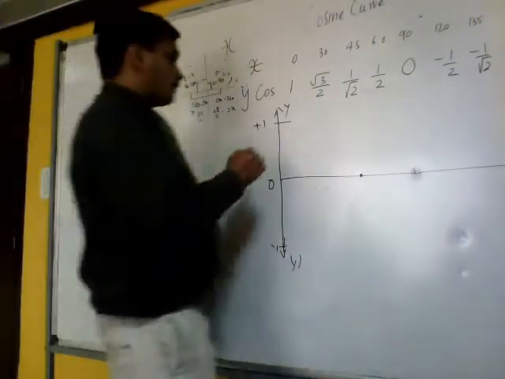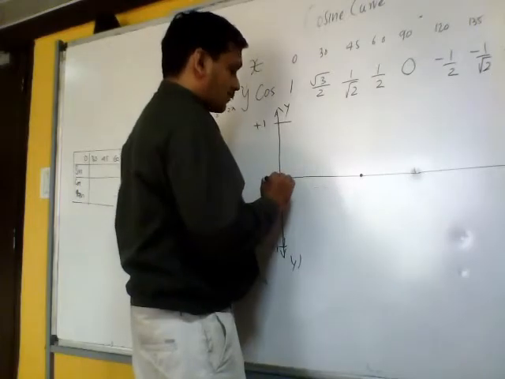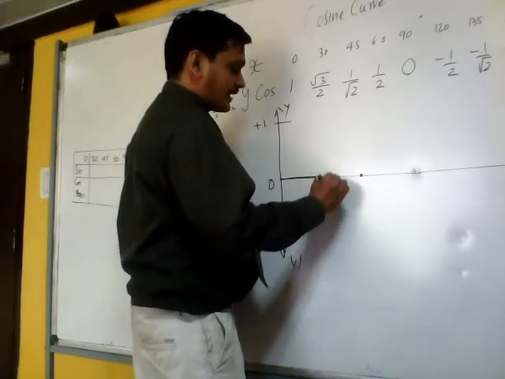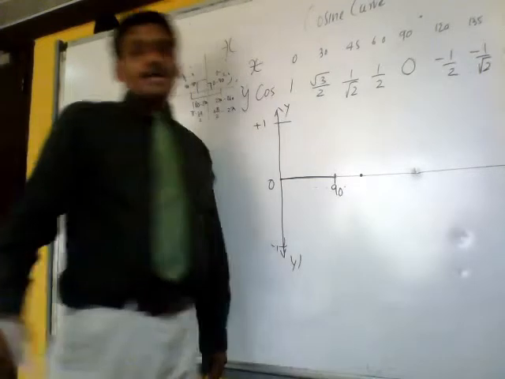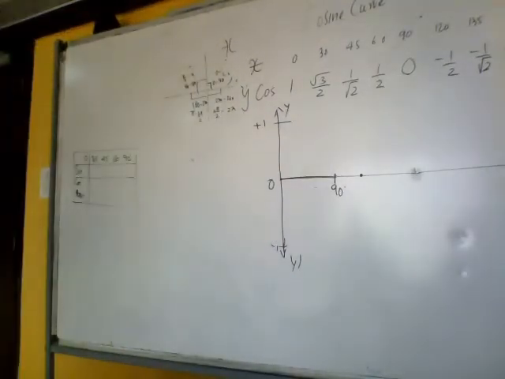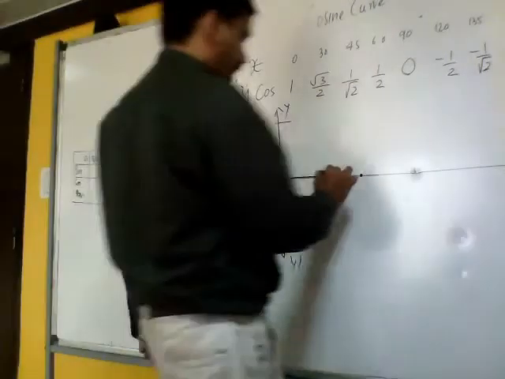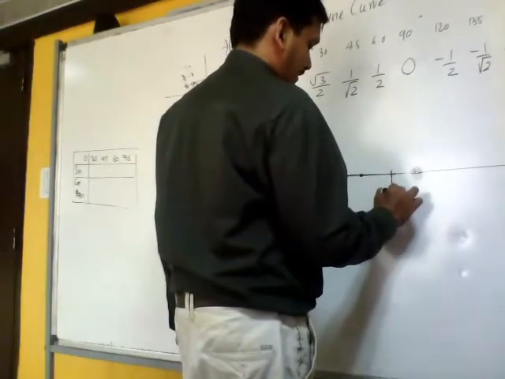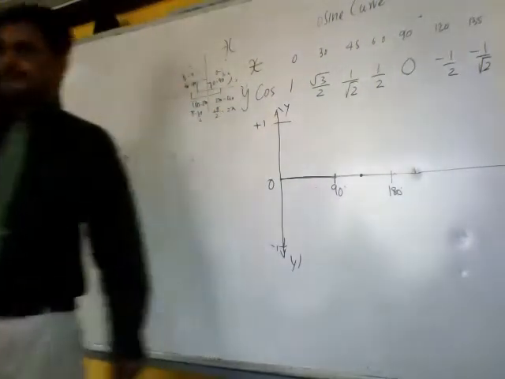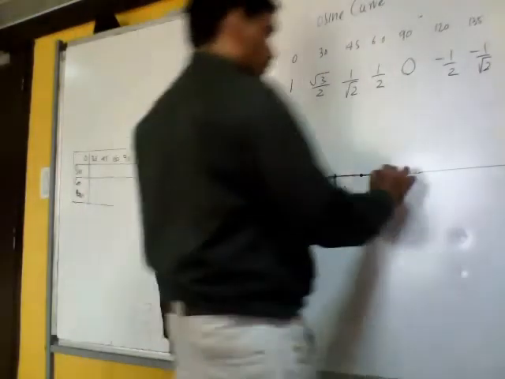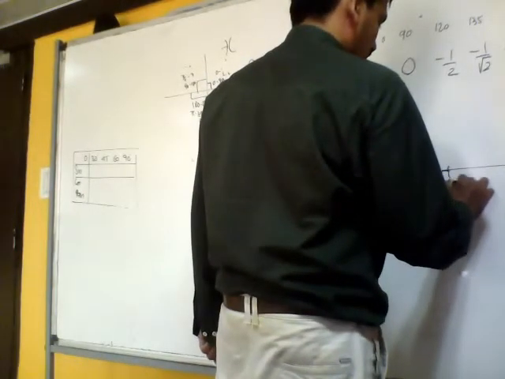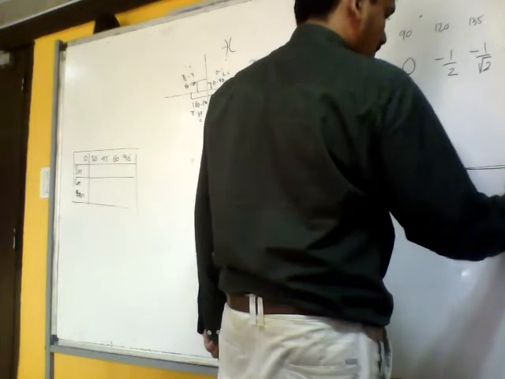If I take quadrants, the first quadrant is here, 0 to 90. I am doing it in degrees first and will later move on to radians. 0 to 90, 90 to 180, 180 to 270, 270 to 360.